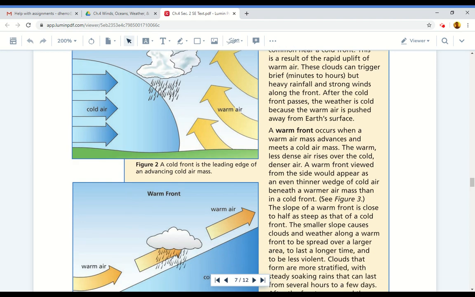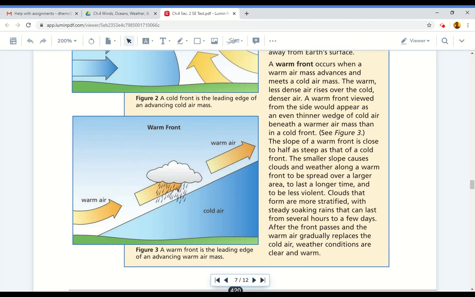A warm front occurs when a warm air mass advances and meets a cold air mass. The warm, less dense air rises over the cold, dense air. A warm front viewed from the side would appear as an even thinner wedge of cold air beneath a warmer air mass than in a cold front. The slope of a warm front is close to half as steep as that of a cold front.